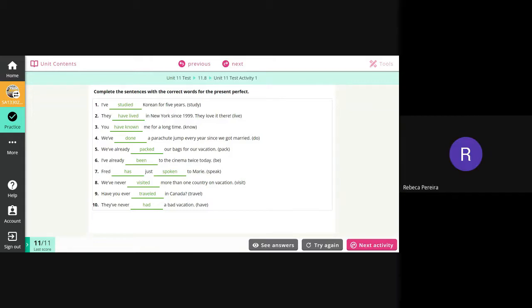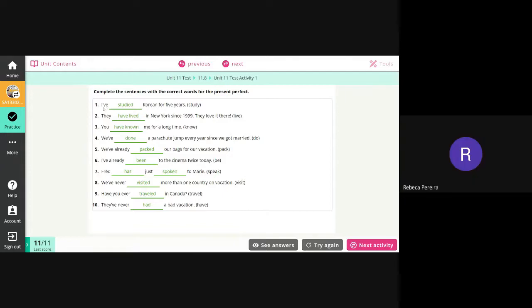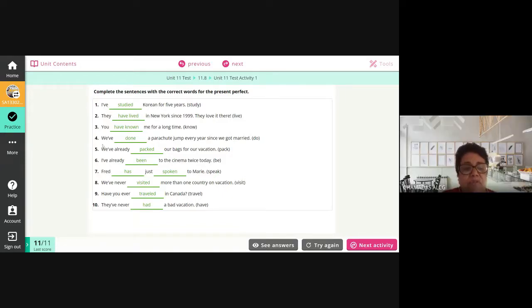Why the first and the number five don't have "have" or "has"? Because it's here, look. Number one, the auxiliary is already in the sentence. Look, I've, it's here. Can you see? Yeah. I've is I have. And number five, we've. We've is also we have.